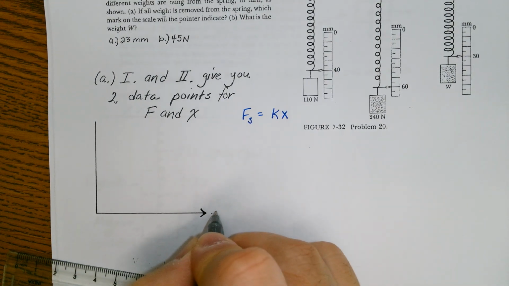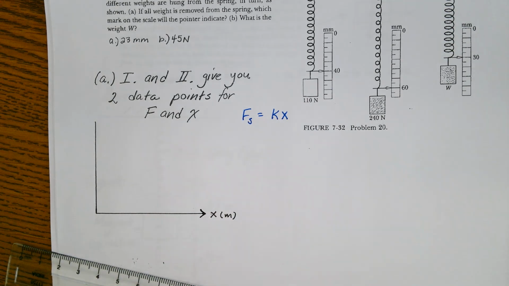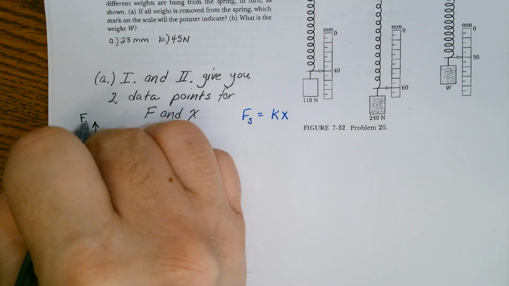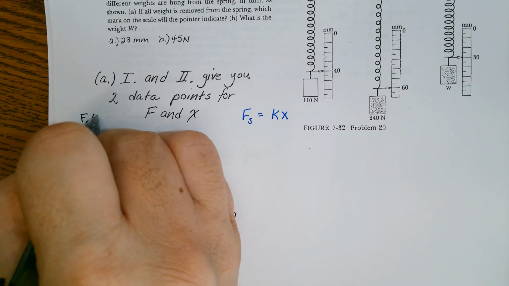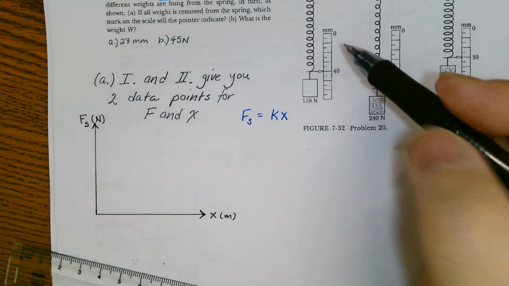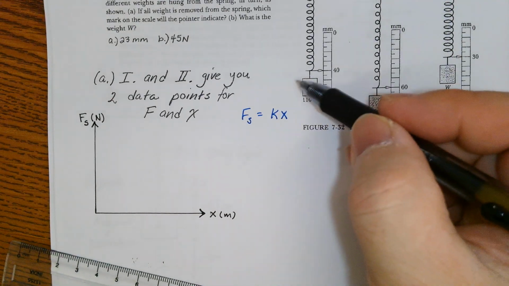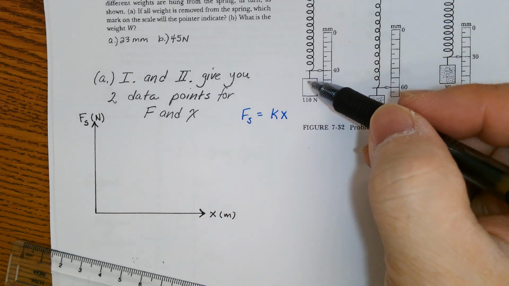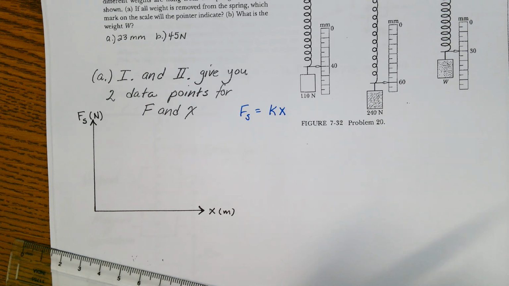I'm going to graph position X, in meters, and here is my force of spring, measured in newtons. But the force applied to the spring is really nothing more than the weight, mg, because whatever weight I'm hanging on this is how much force I'm applying to the spring, and the spring works in the opposite direction.